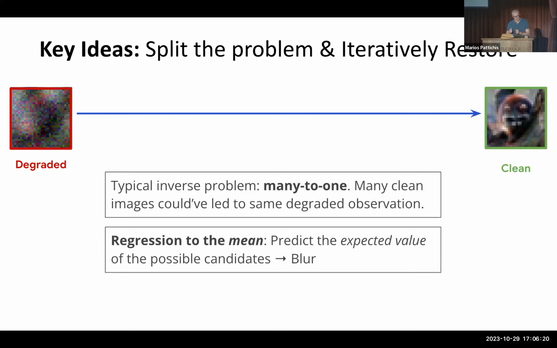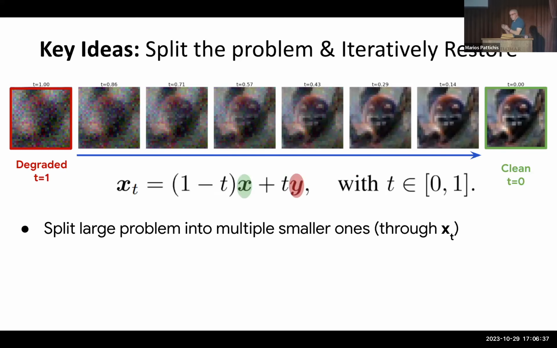And so if you try to solve an inverse problem in one big step, the likelihood of suffering from this regression to the mean, or regression to the aggregate, is much higher, and you get lower quality results. What we do is break this process down, and this is basically diffusion, into small steps that split the large problem into tiny pieces.